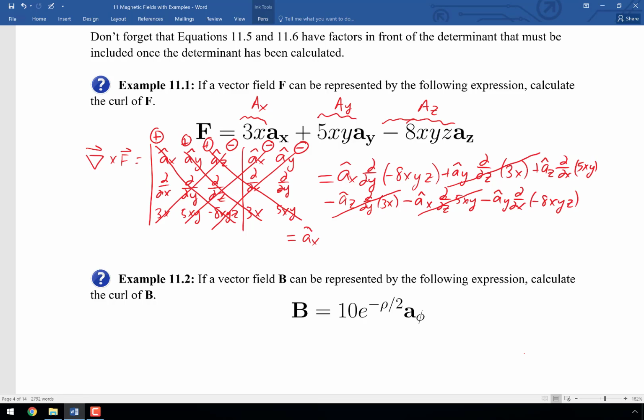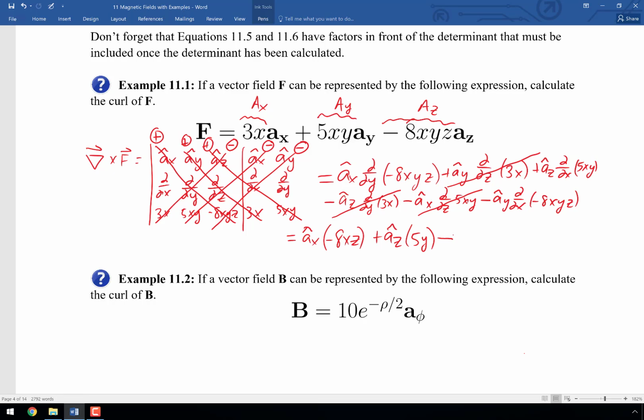We have a sub x times the derivative, with respect to y, of negative 8xyz. Well, the x and the z are going to be considered constants because it's a partial derivative. So we get negative 8xz. Plus, we have a sub z, and the partial with respect to x of 5xy is just 5y.